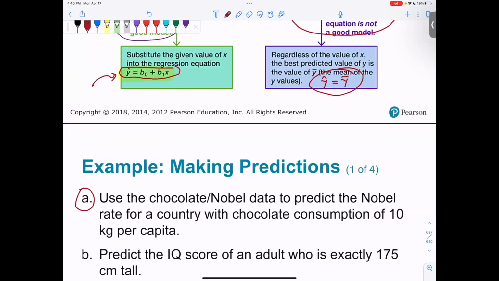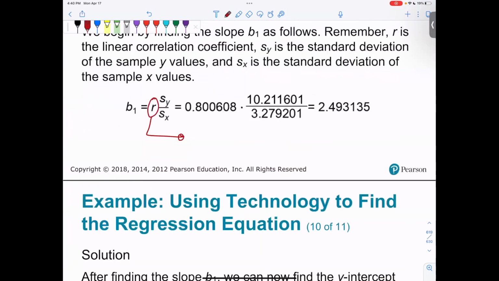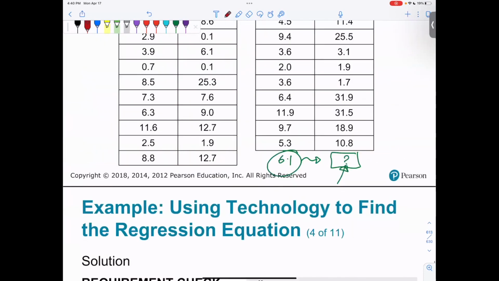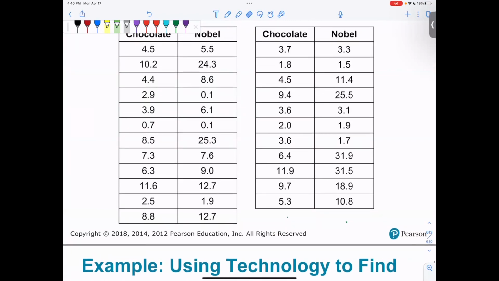Okay, so if we go to this example here, first of all, 10 is still in the range or out of the range? It's still in the range because we have 11, we have 9, we have 11 here, we have 10, right? So 10 is in the range of our data set.